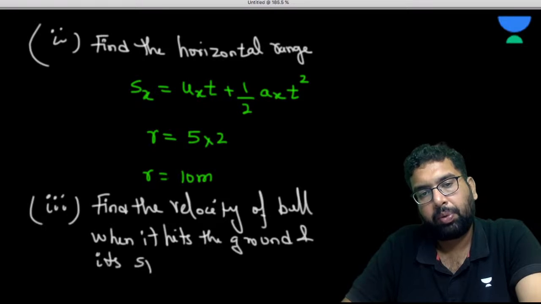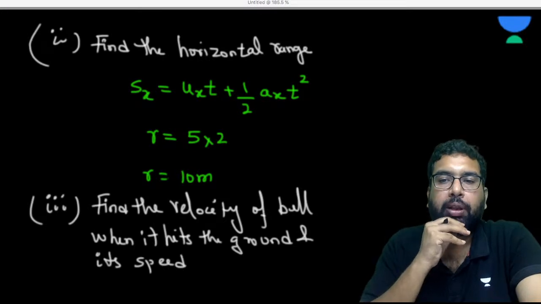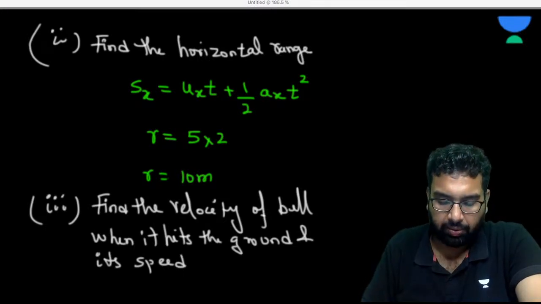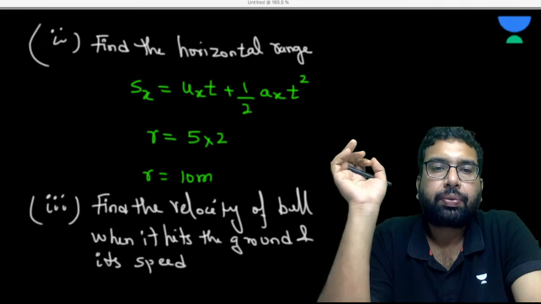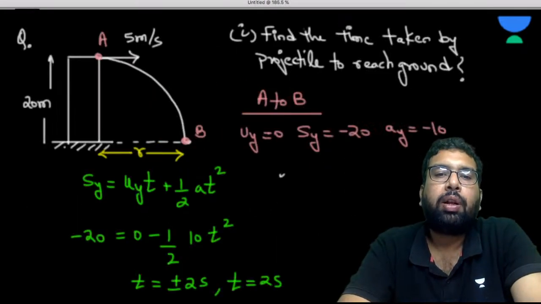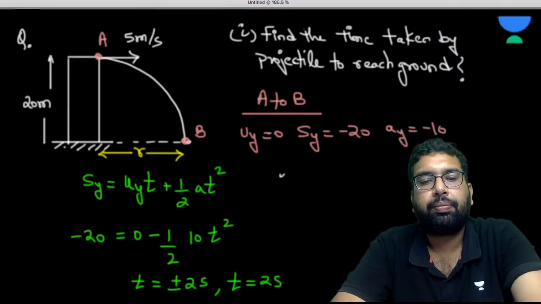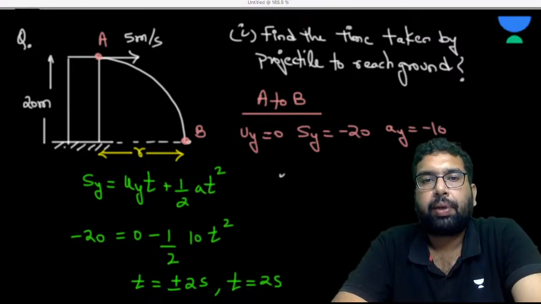Eventually, when it is thrown from here, it is going to be striking the ground at some point of time. So what will be the speed then? That is asked in this question. Can we please try it? Let me do it.